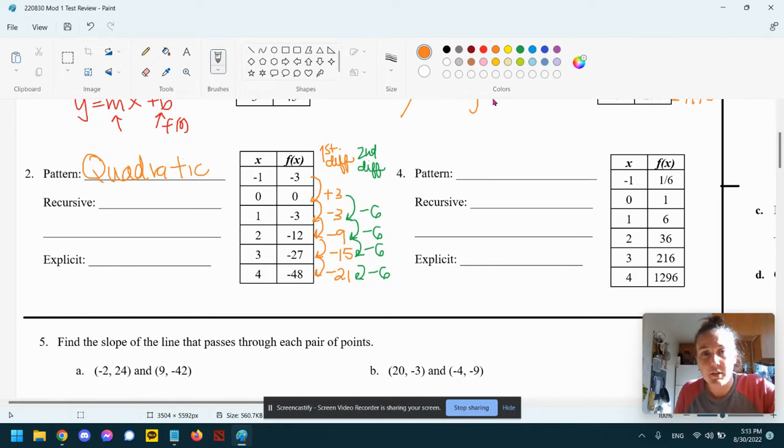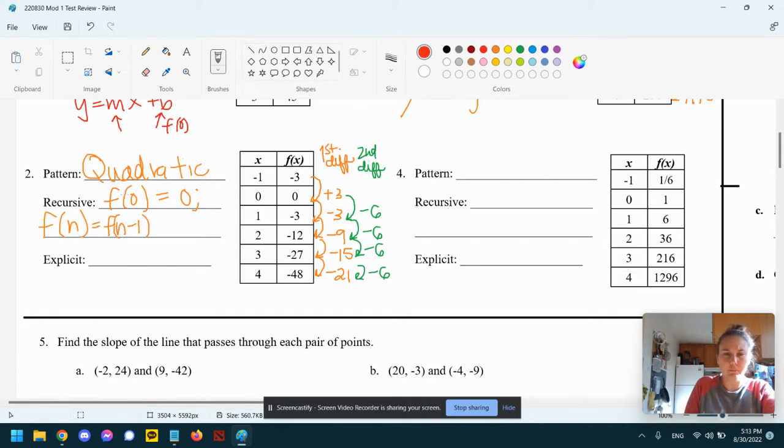There also are patterns to these for the recursive ones. So the recursive, we start with, oh no, let me do it in orange. We again start by saying what f of 0 is. Then f of n equals f of n minus 1. That's always the same. What we're adding to this is we're basically trying to come up with a linear function, a y equals mx plus b equation for these orange first difference numbers. Here's how I'll do it.